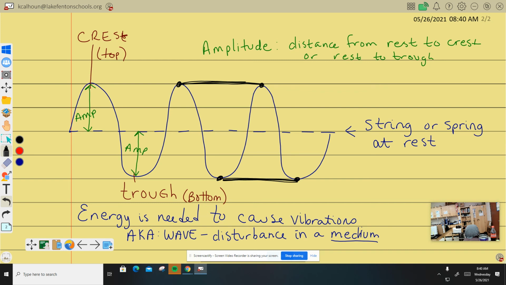Is called a wavelength. The distance between, really, it could be any two consecutive points. I could say right here, going up right here. So any of these distances is a wavelength.